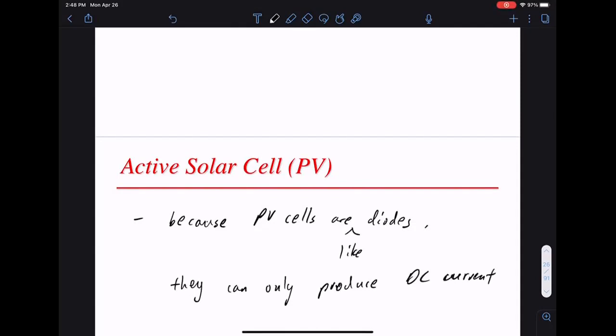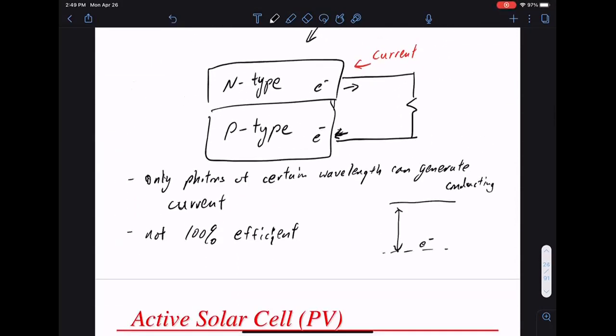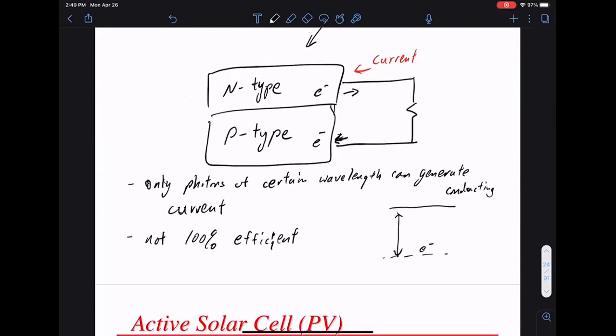It turns out there's only one way the current can flow, because we have a PN junction in this picture, so it will behave like a diode.